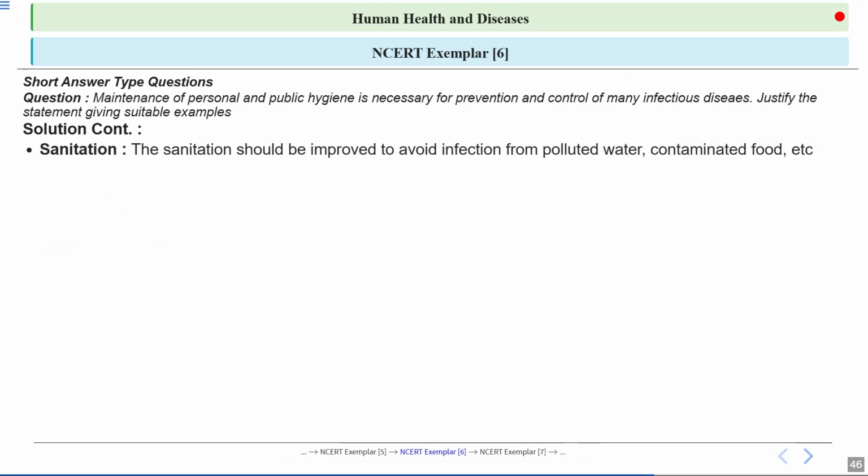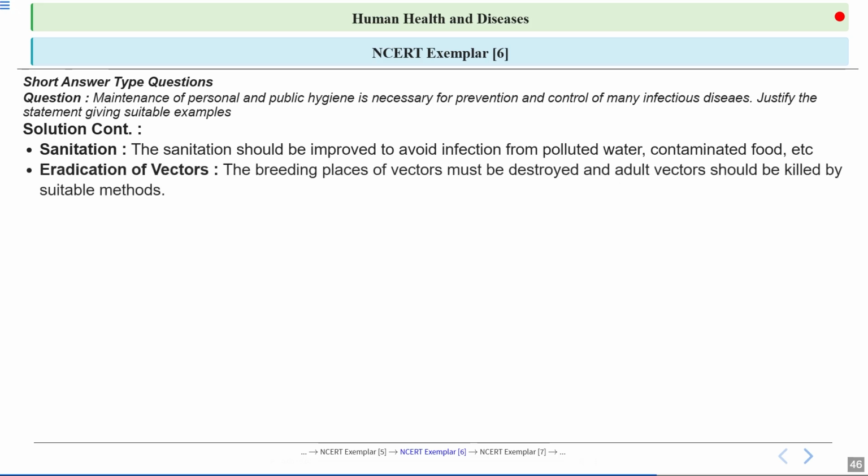The next one is sanitation. Okay, so sanitation should be improved to avoid infection from polluted water and contaminated food. Clean water and uncontaminated food are essential for preventing diseases like cholera and typhoid. Improving sanitation is like building a protective wall against harmful microorganisms.